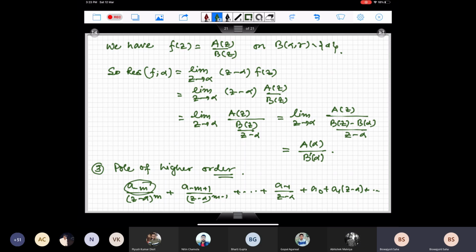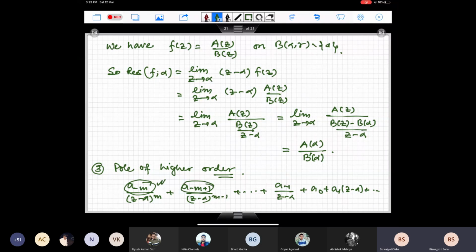But we still have scope of doing things, because the moment I multiply by z minus alpha power m, what I get becomes a power series, and once it becomes a power series, you nevertheless know how to recover any coefficient. It's not only a matter of evaluating at alpha; you also know the next coefficient.